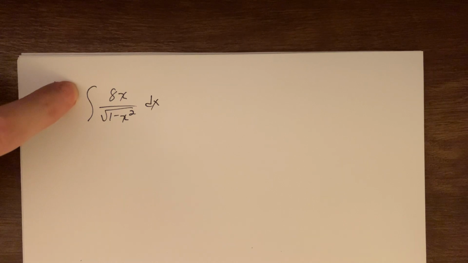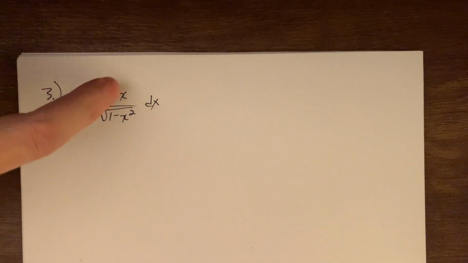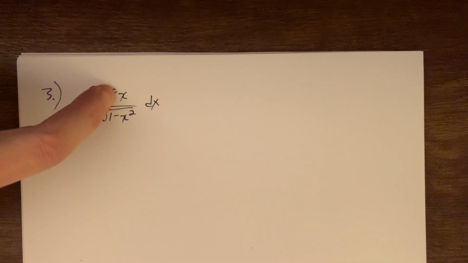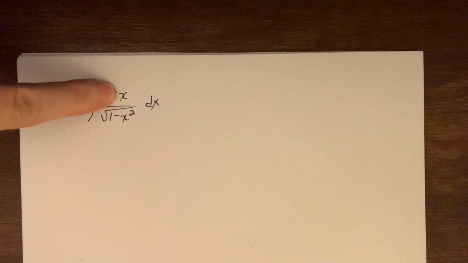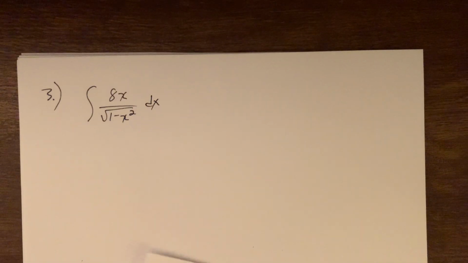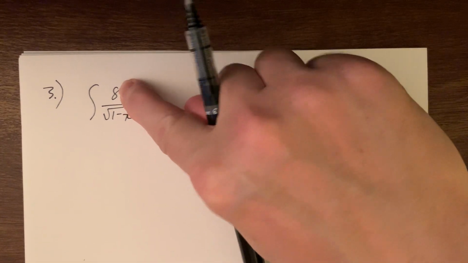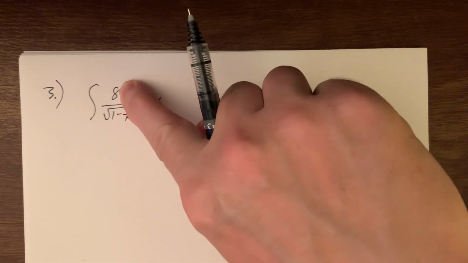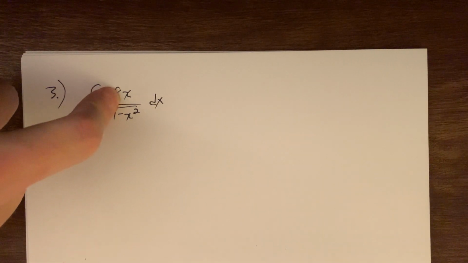Just kick the 8x out in front, and then you get inverse sine x. You can't kick the x out in front. That is, without a doubt, the biggest difference between this piece right here and this piece right here. If this was an 8 over radical 1 minus x squared, we would just kick the 8 out in front, and that's inverse sine x. But that extra x makes all the difference.